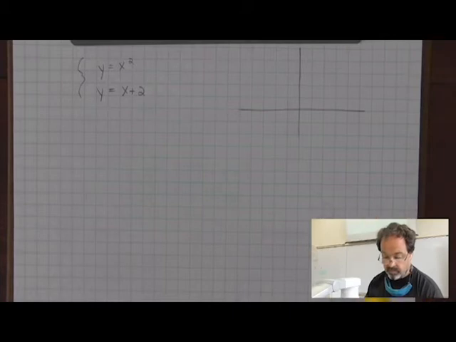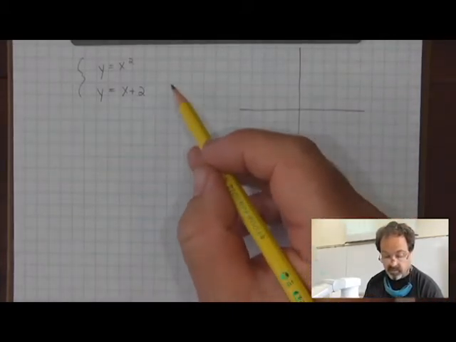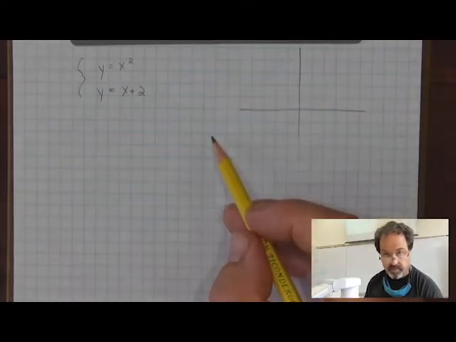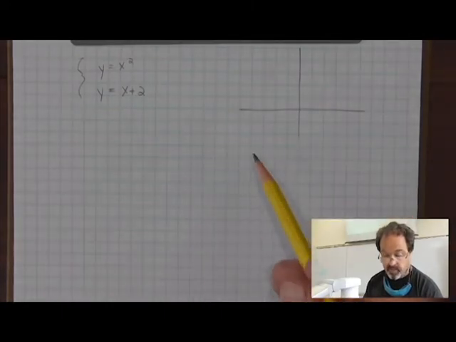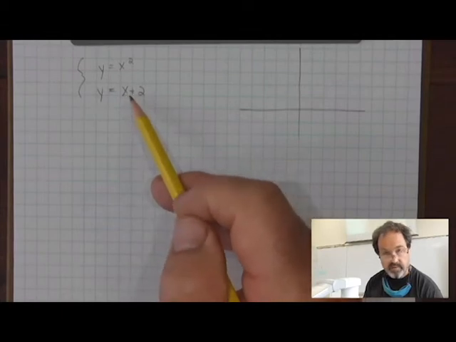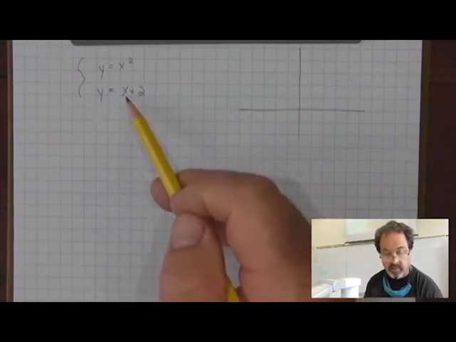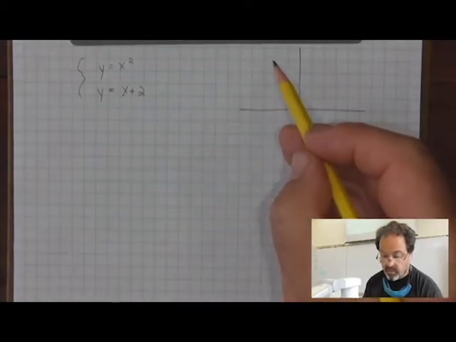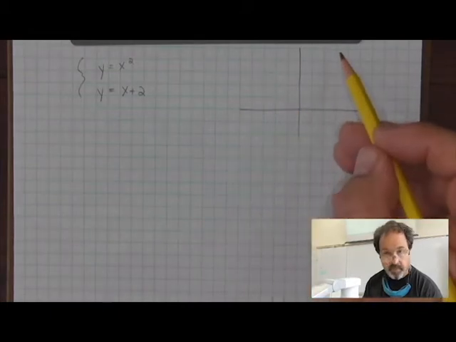I could use a graphing calculator. I could use t-tables and calculate and plot some points. Or I might be familiar with these two relatively simple equations and draw them straight away from the familiarity of the mathematics.